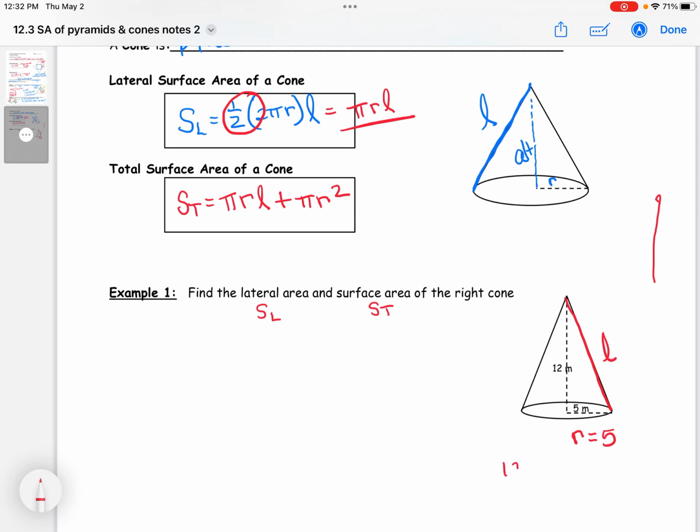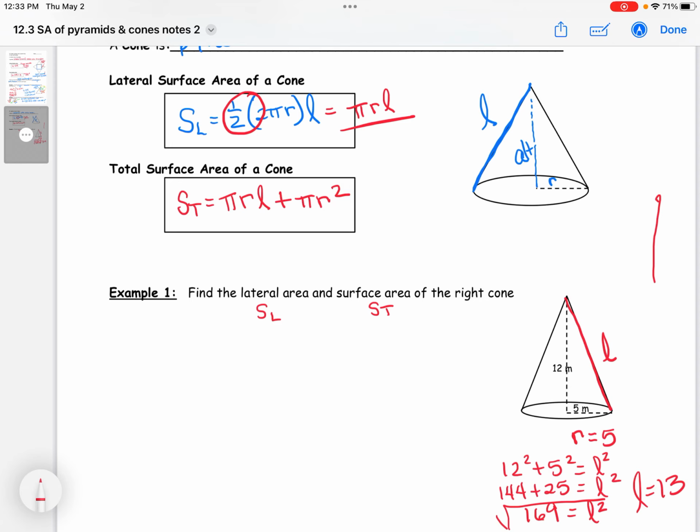So I'm going to have 12 squared plus 5 squared equals L squared. So that's 144 plus 25, which is 169, which when I square root it, L equals 13.